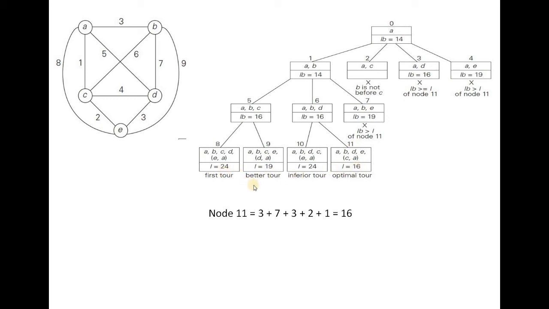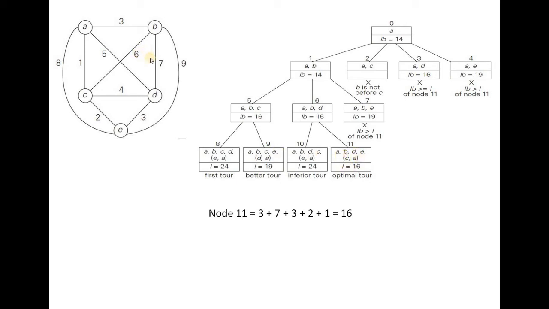These 24, that is node number 8 and node number 10, are the inferior nodes because they are having a value which is greater than 16, and this 19 is somewhat better than 24. That's why this is a better tour, but the optimal tour is this node number 11.